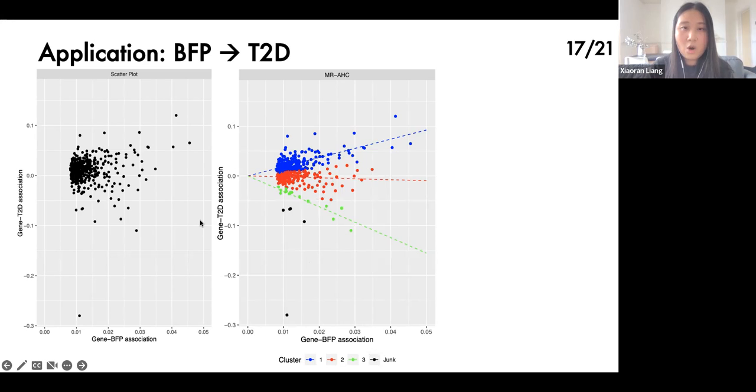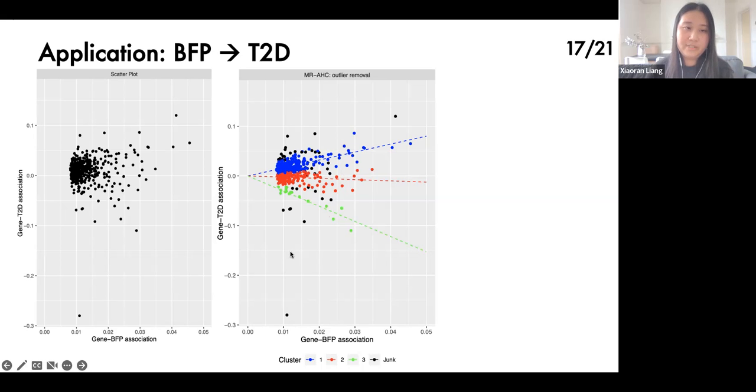Okay, we adjust our method using the 2-step outlier removal procedure, and we can see that more of those outliers are assigned to the Jacques cluster, but still we identify 3 SNP clusters, 1 positive cluster and 2 negative clusters.